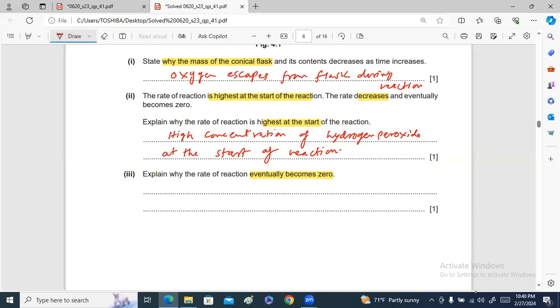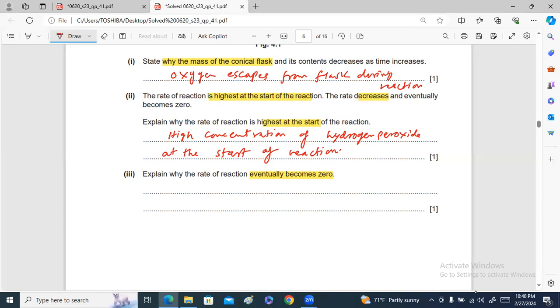Now, in this reaction, we have only one reactant, the hydrogen peroxide. And if the hydrogen peroxide is used up completely, then definitely there must be no reaction. There must be no decomposition. So the reaction stops and eventually the rate becomes zero.